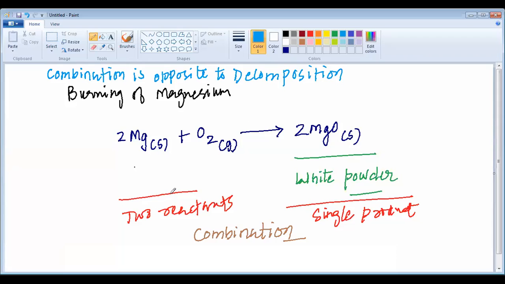When combination takes place, two or more reactants combine to give a single product. But when decomposition takes place, a single reactant will decompose to give more than one product. So this is how we understand that combination is exactly the opposite process to the decomposition process.